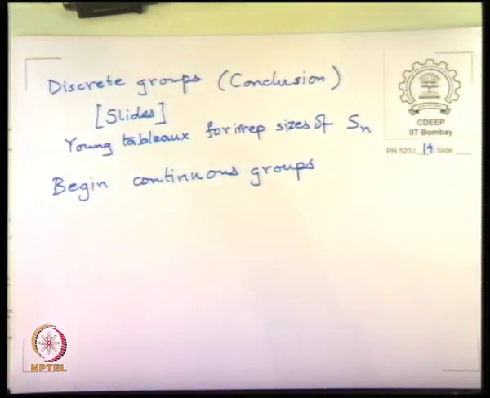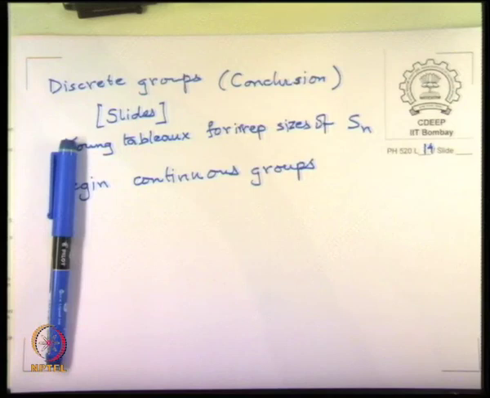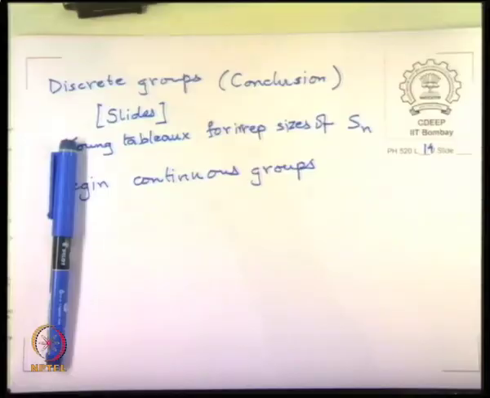So, there is some method to get the sizes of representations of the permutation groups, and we will just go over this as a tail piece of the discrete group discussion.